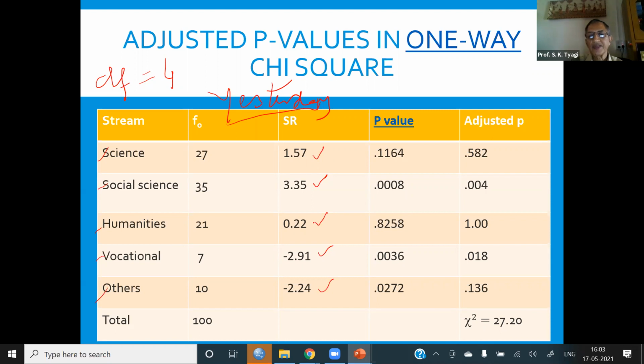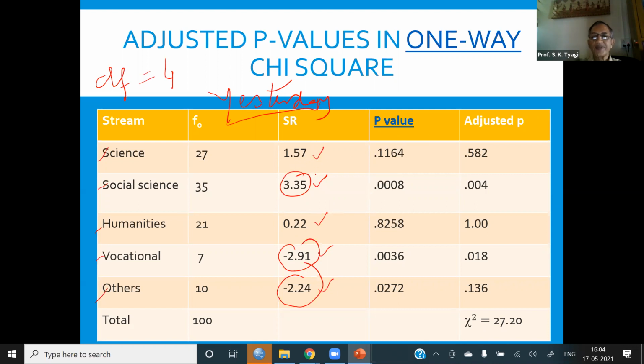Yesterday we interpreted that this is significant, this is significant, and this is significant. But we did not give a thought to alpha inflation. So now we know what alpha inflation is, and how to control it. Because I did not introduce this concept deliberately yesterday, today we will be doing it.